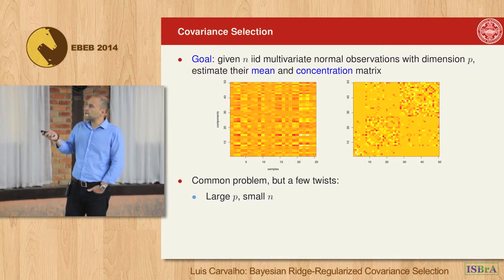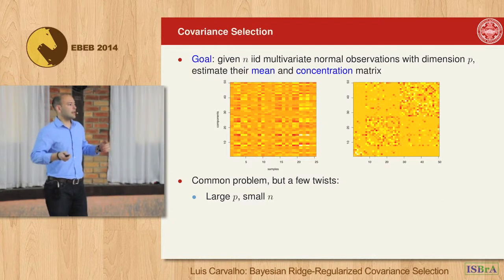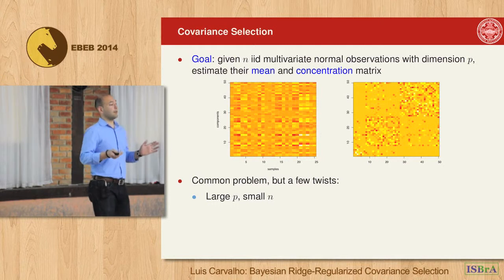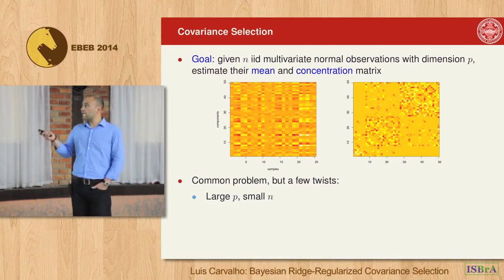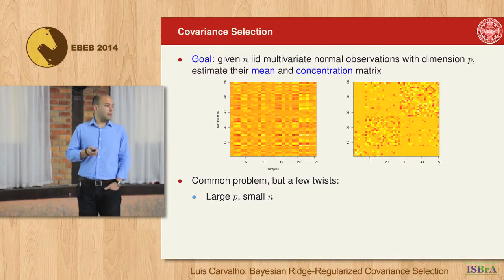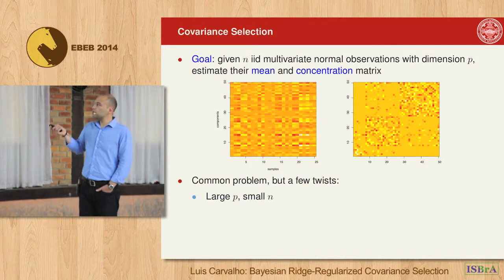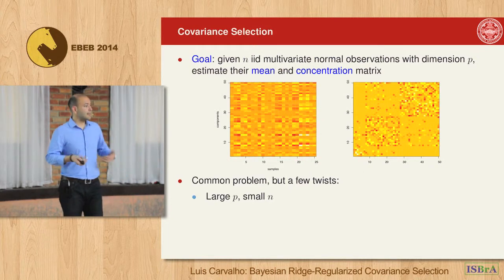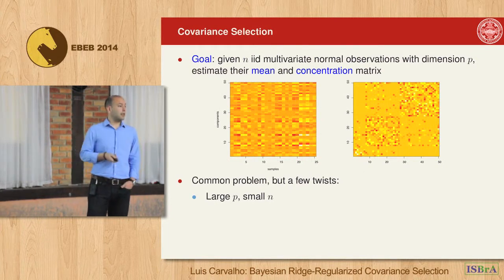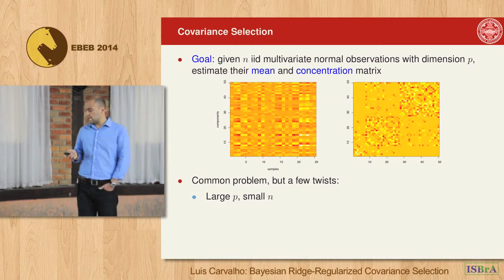If I take component number 43 and component number 11, I can say that given all the other components, 11 and 43 are conditionally independent, which would mean a 0 entry here in this matrix. So one way of solving this problem is to assume that this concentration matrix is sparse. That's why we call this covariance selection. You want to not only estimate the entries of this matrix, but also select which entries won't be 0.